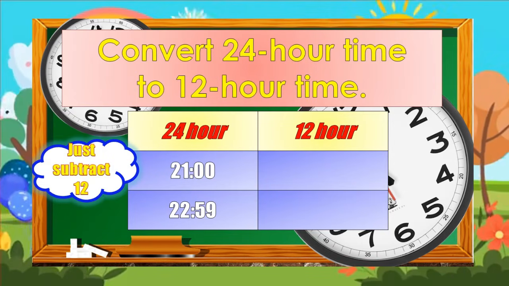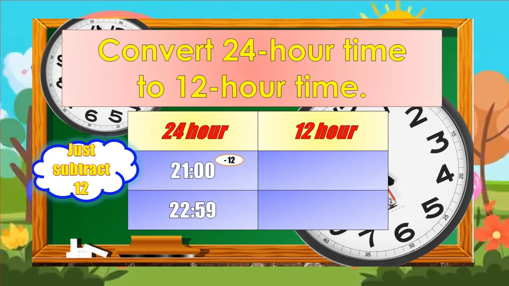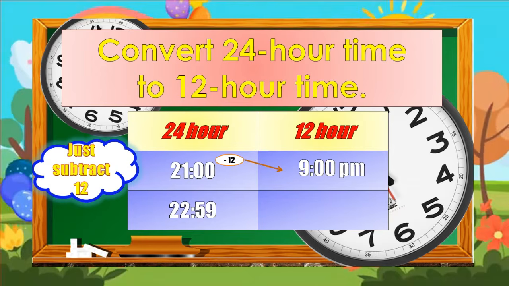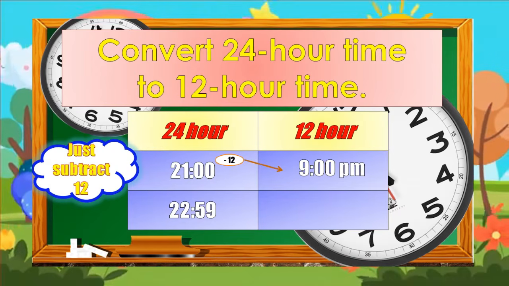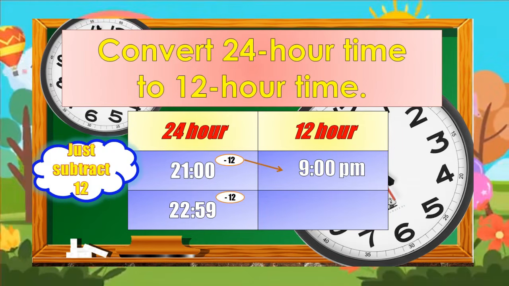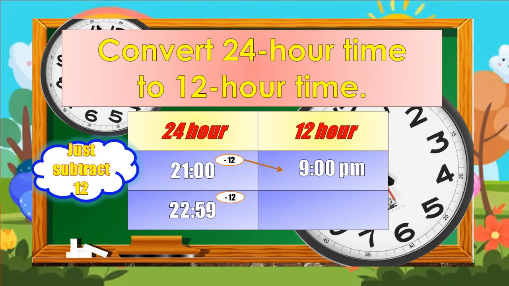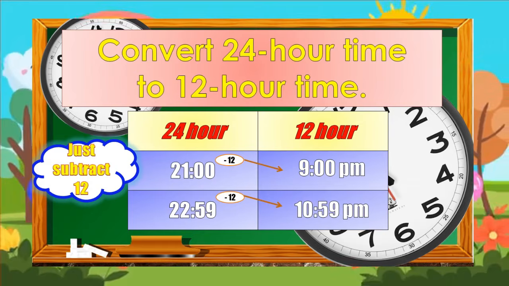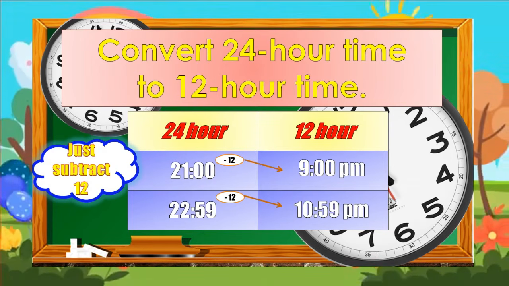So, 21 minus 12, the answer is 9, which in 12-hour time is already 9 PM. Another one, we have 2259. We will subtract 12, so it is equal to 10:59, and in 12-hour time it is already 10:59 PM.